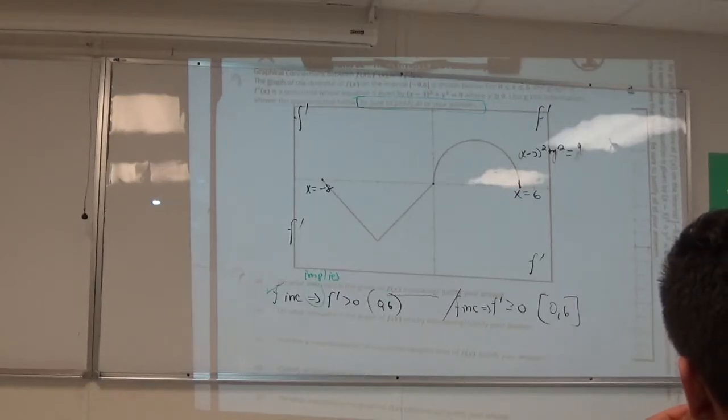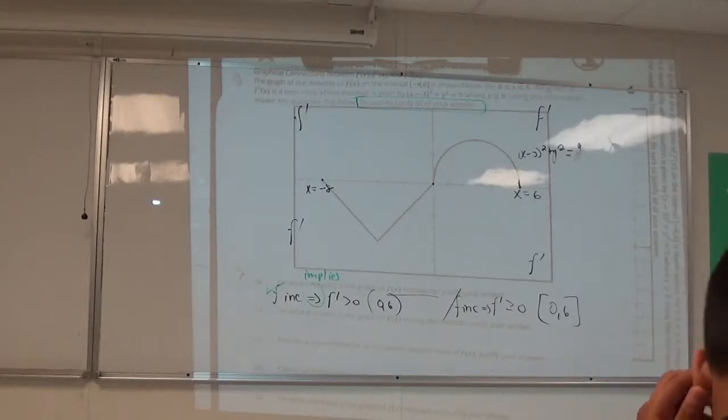F is strictly decreasing. Only decrease. Not like up here where you might have a horizontal tangent line. So where is F decreasing? What has to be true about F prime?